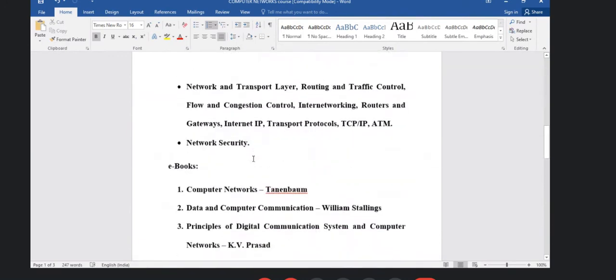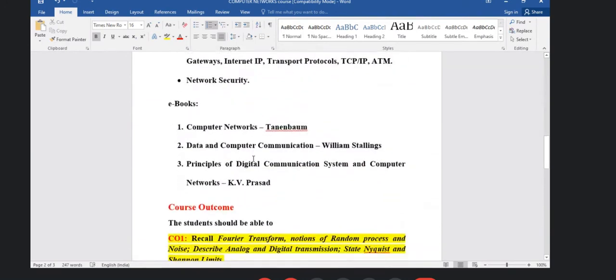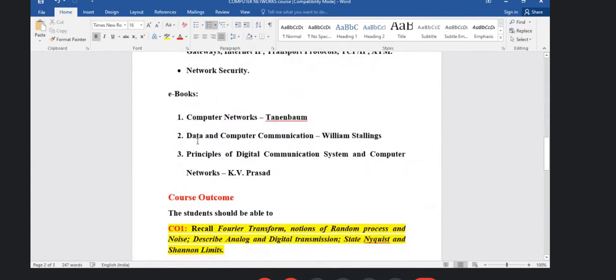And some ebooks I have given here, and you have to download these ebooks from the net. Besides that, you can also use some books, because now our library is open.